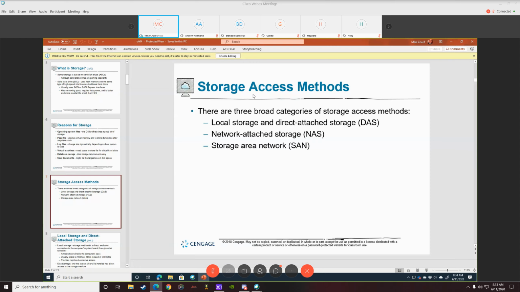There are three broad categories of storage access methods, which are local storage and direct attached storage, DAS. Direct means what? It means it is directly connected to your machine. Okay, that's local storage. Directly attached, maybe with USB, maybe with SAN, not SAN, NAS.